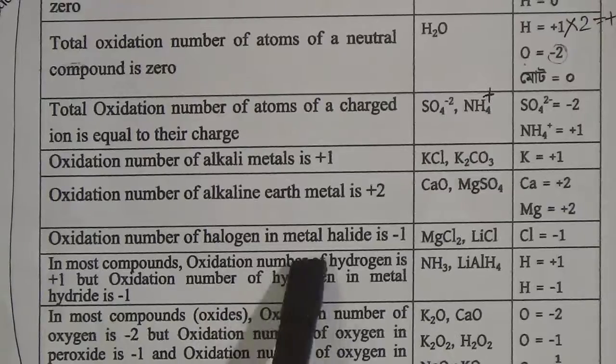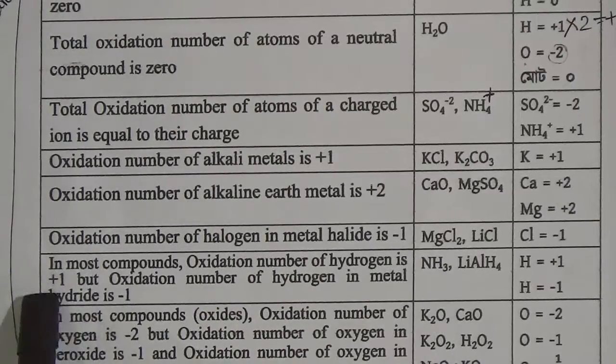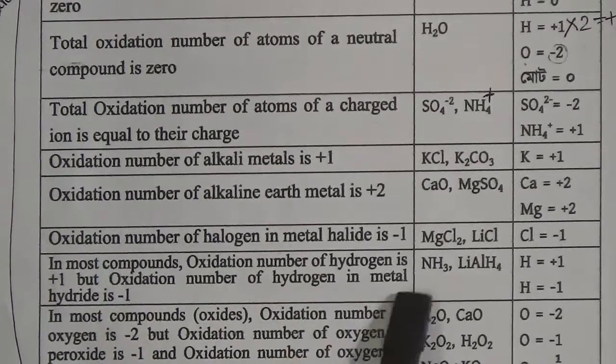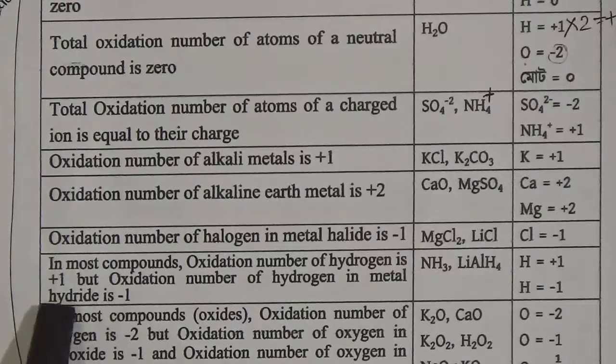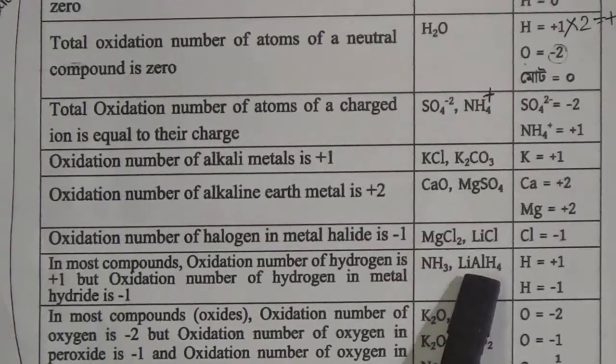In most compounds the oxidation number of hydrogen is +1, but the oxidation number of hydrogen in metal hydrides is different.